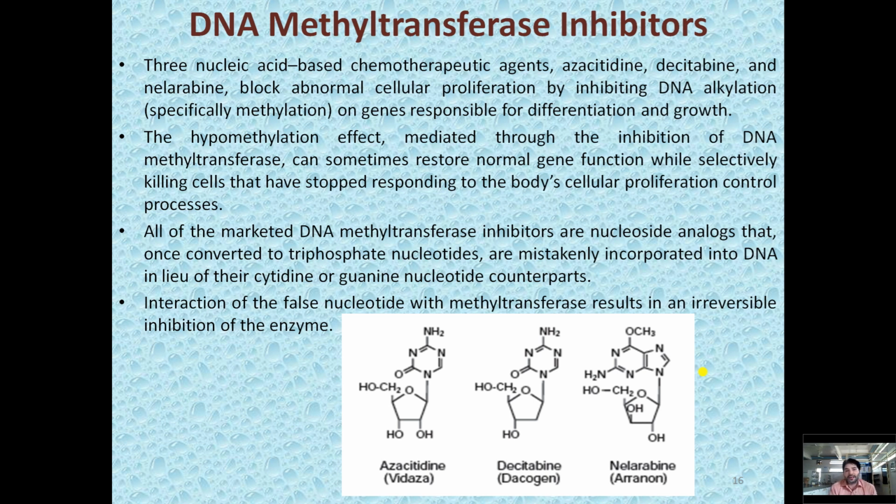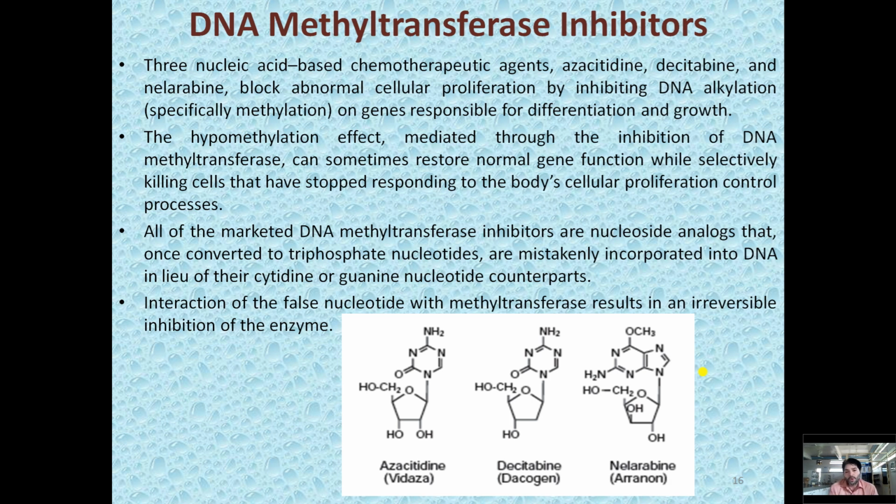All of the marketed DNA methyltransferase inhibitors are nucleoside analogues that, once converted to triphosphate nucleotides, are mistakenly incorporated into DNA in lieu of their cytidine or guanine nucleotide counterparts. So, the interaction of the false nucleotide with methyltransferase results in an irreversible inhibition of the enzyme.